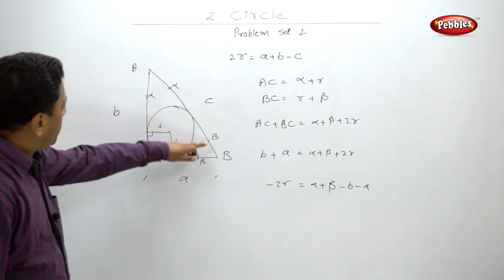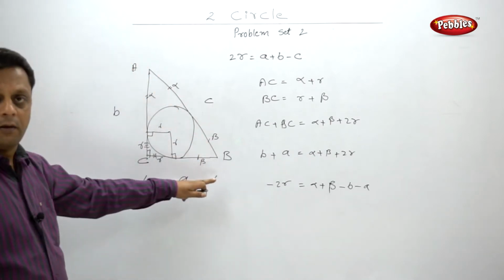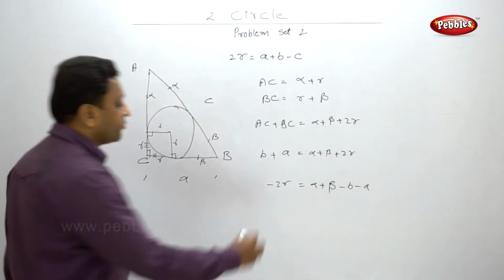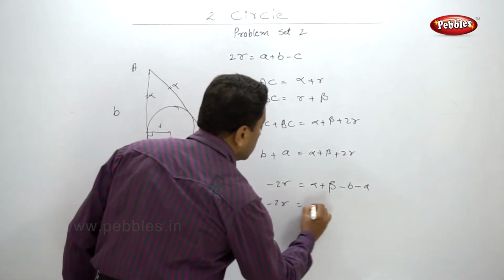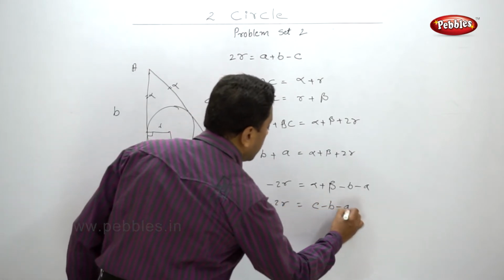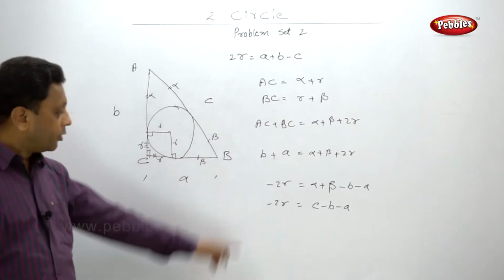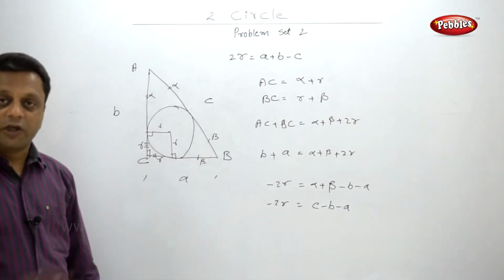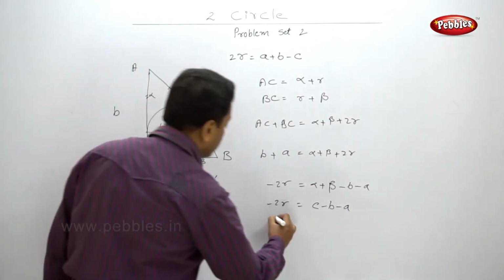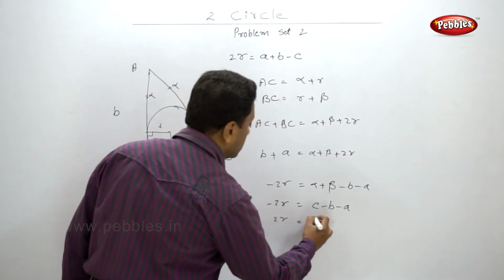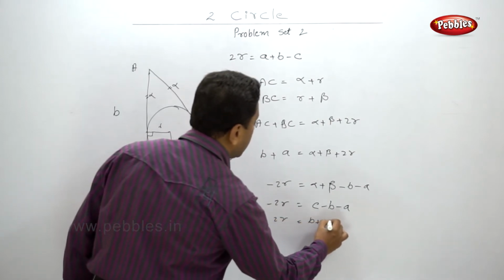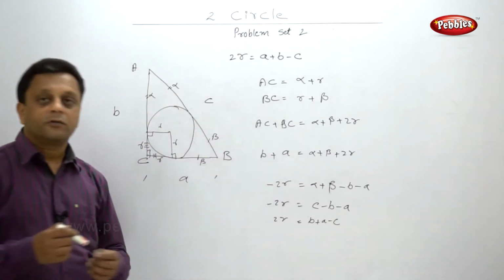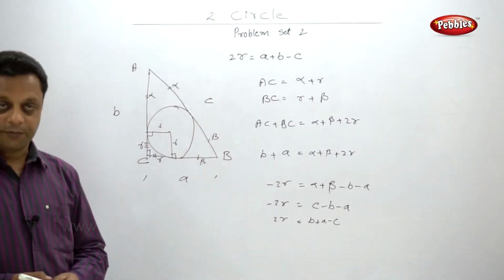But alpha plus beta is AB, which is nothing but C. So minus 2R is equal to C minus B minus A. I want to eliminate this minus sign, so I will change sign throughout. So I will get 2R is equal to B plus A minus C, which is proved.